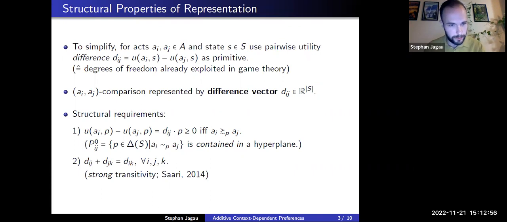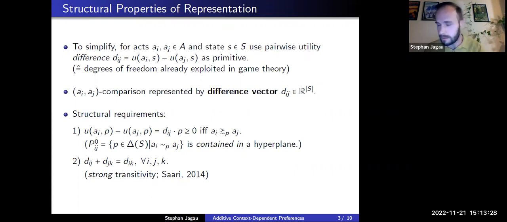Something that's maybe more interesting is if I now go from two to three acts. Something that's revealed in the difference view that's not so clear in the raw utility view is I also need to satisfy the second condition over triples, which has been called strong transitivity in a voting kind of context. Now, what happens here? Well, the difference vector for ij plus the difference vector for jk must be equal to the ik difference vector if we sum those up.